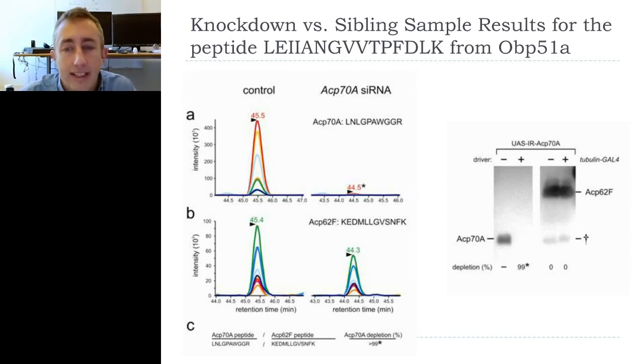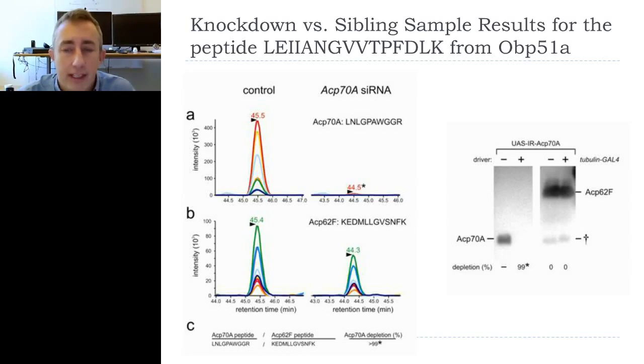On the right-hand side are the exact same samples done by Western blot. We confirm that the target protein that was a control has a very similar ratio to what we're getting based on the mass spectrometry data. And the interesting thing here is that the Western blot by ECL shows there's no detectable amount of ACP70A.